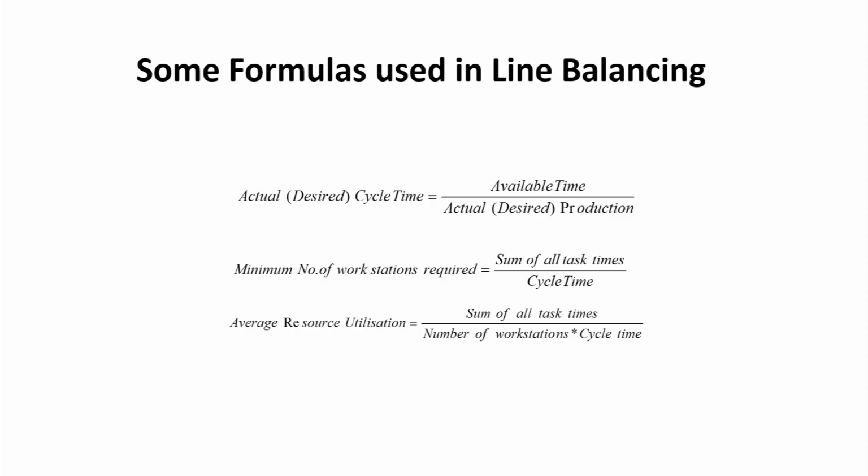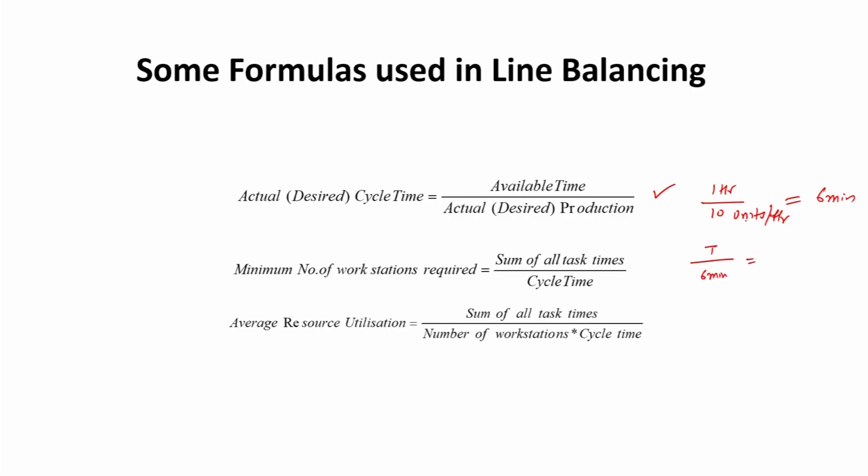These are some more formulas which we are going to use here. The cycle time is equal to available time divided by desired production. As I said, if the desired production rate is 10 units per hour, then with available time of 1 hour, the cycle time will be 6 minutes. The minimum number of workstations required is the sum of all task times, total T, divided by cycle time.